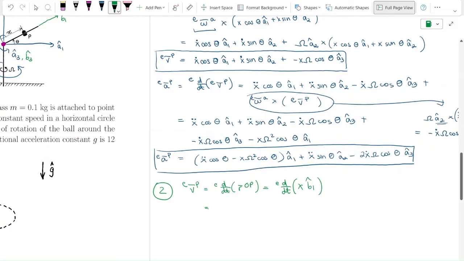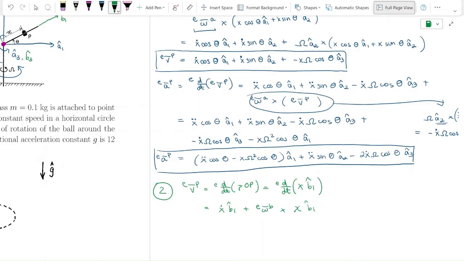And then using BKE, we can write this as x dot B1 hat, which is a time derivative with respect to the frame it's written in, which is the B frame, plus the angular velocity of the B frame with respect to the E frame crossed with the original vector, which is x B1 hat.